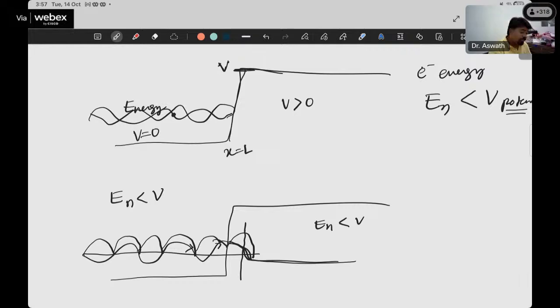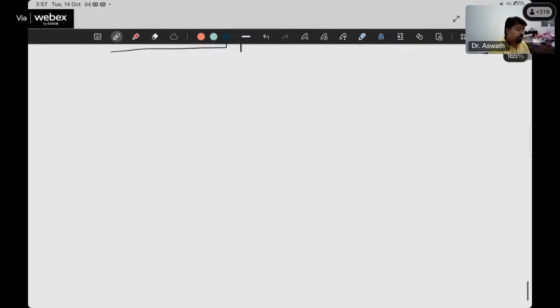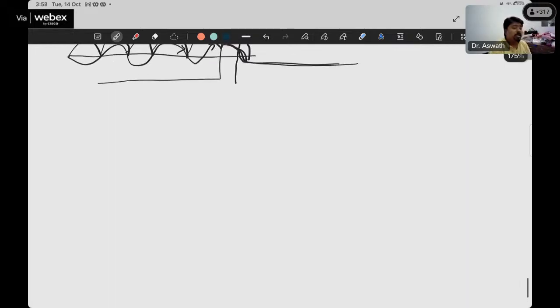Okay. The question is, in the case of the hydrogen atom, please remember the charge is not distributed in space. The probability of existence of the charge is distributed. For example, the hydrogen nucleus is there.